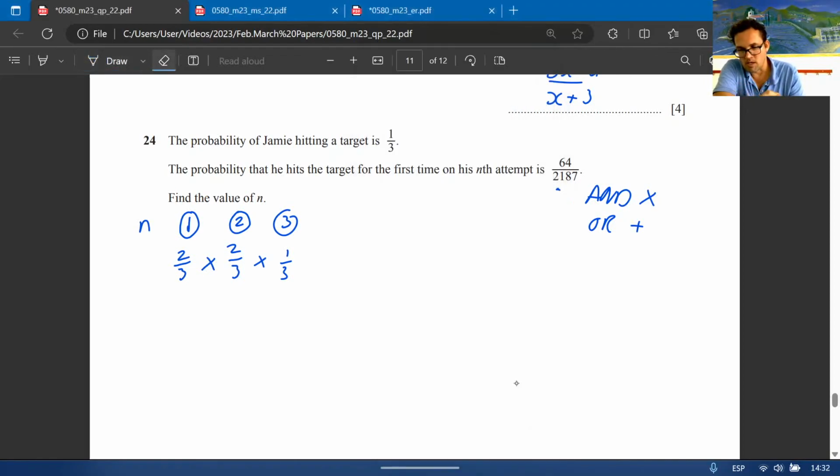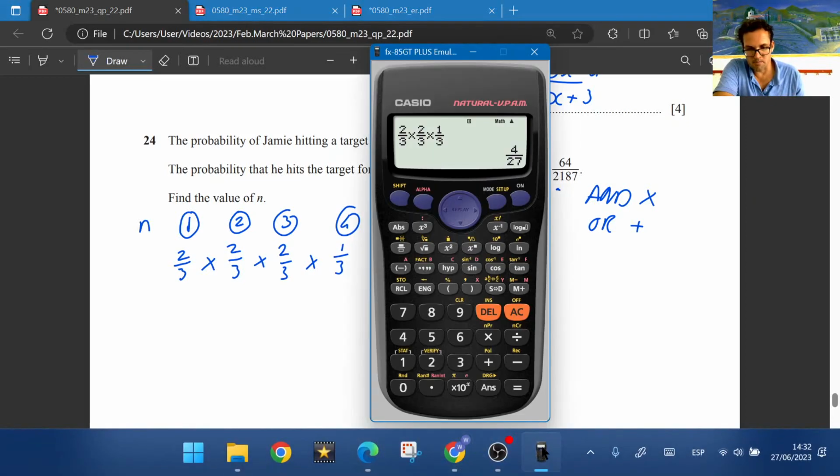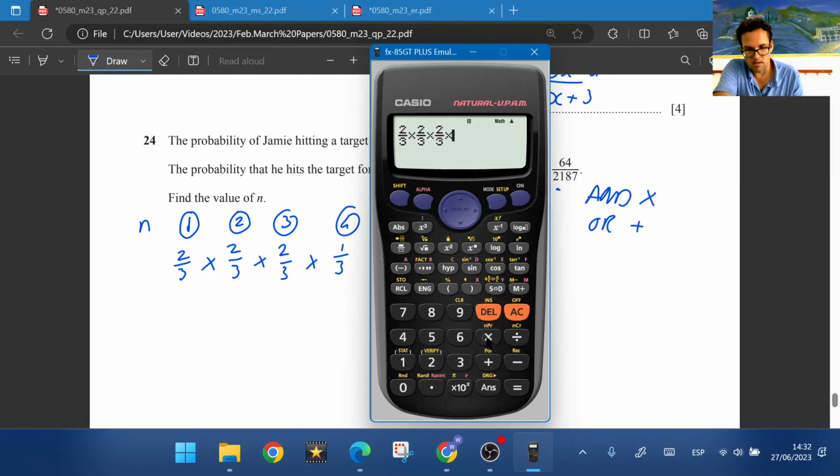So that means he's going to have to miss the third one and hit the fourth one. So going back here, we need to change that to a miss, which is 2 out of 3, and then put a 1 over 3. Not quite there yet, but we're getting closer, so let's keep doing that.